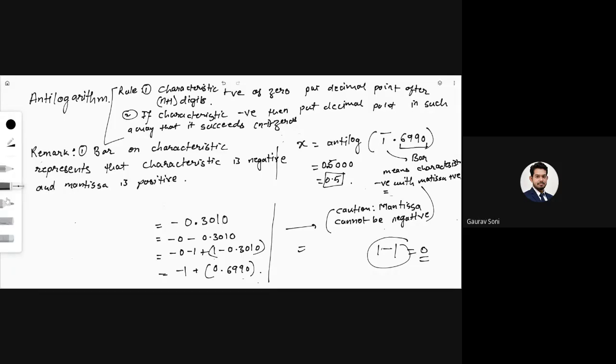Second, while finding the antilog, convert a negative mantissa to positive.